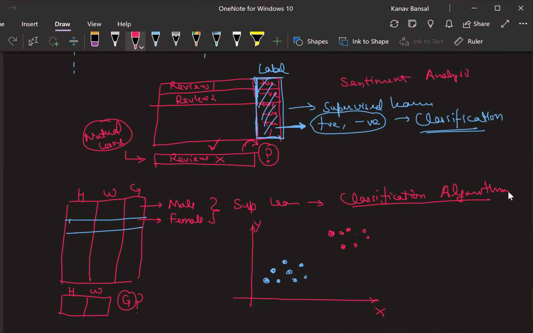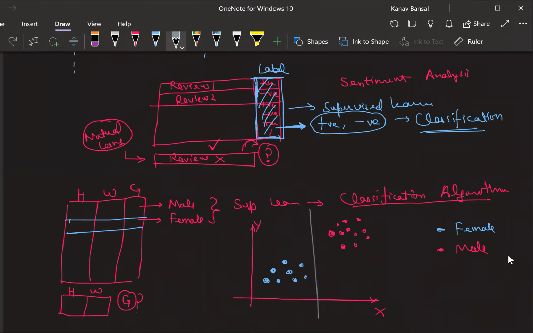I had only 5 to 6 data points, but try to understand this. Blue data points are nothing but female, pink data points are nothing but male. Now, can we do something here so that we can classify male and female?